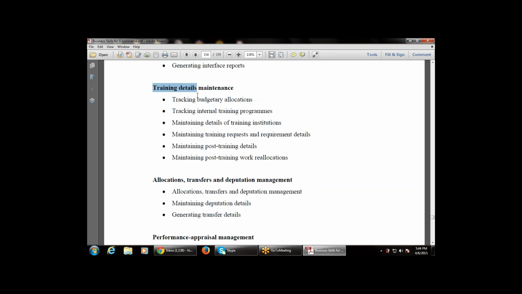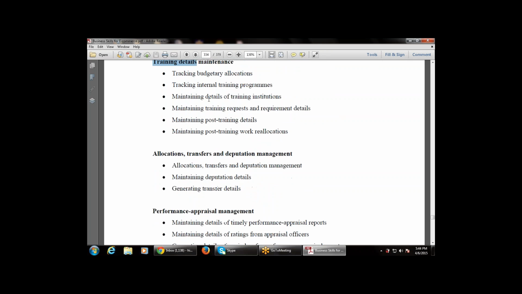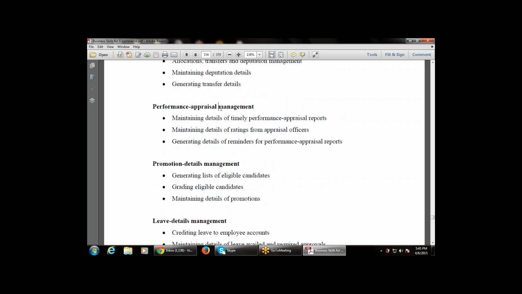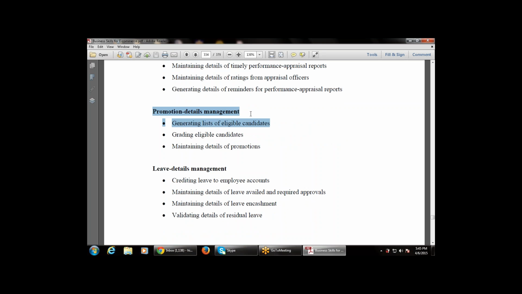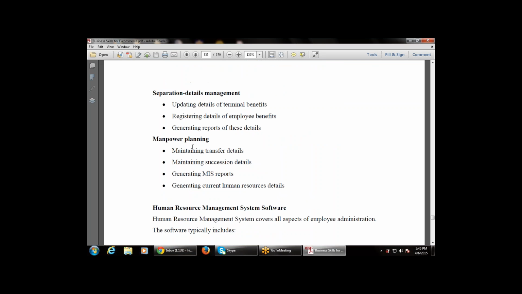People can simply access and take the training. Then allocation, transfer and deputation management. Performance appraisal management, that is maintaining details of ratings from the appraisal officers. Promotion detail management, leave details management, everything is done online. Separation details management, manpower planning.